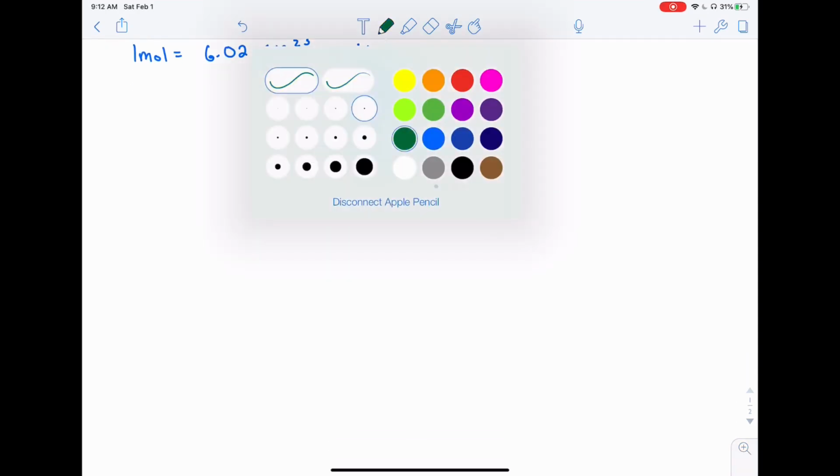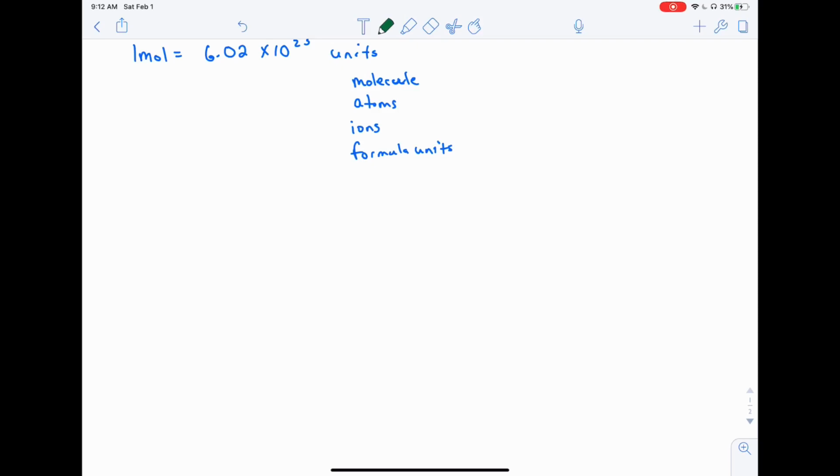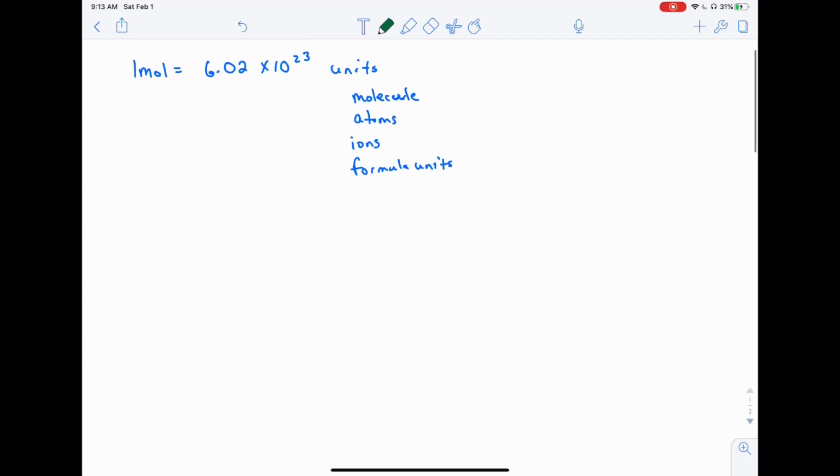Now, before we get into the stoichiometry aspect, let's just stick to the basic conversions of moles to grams and particles. What you want to understand conceptually here is that every number has aspects of it.